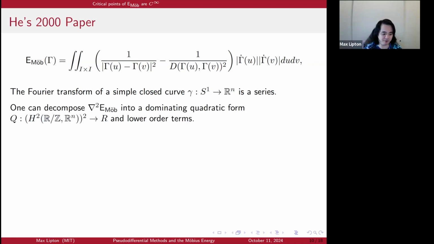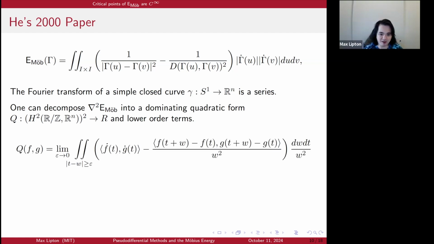So the main idea from his paper was to decompose the second variation of the Mobius energy into a quadratic form along with some lower order terms.